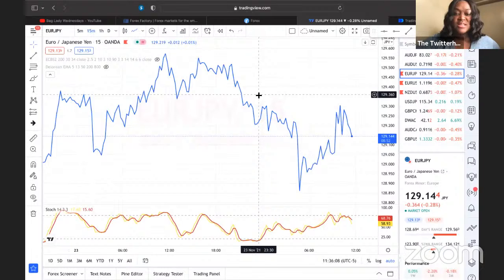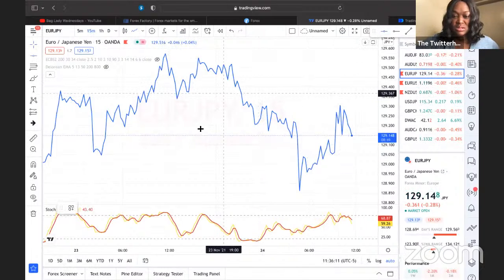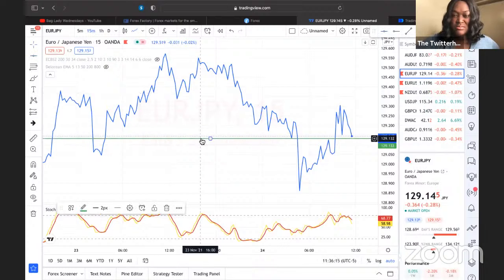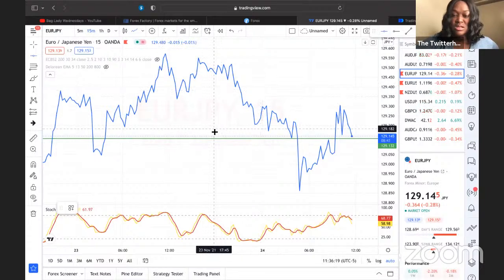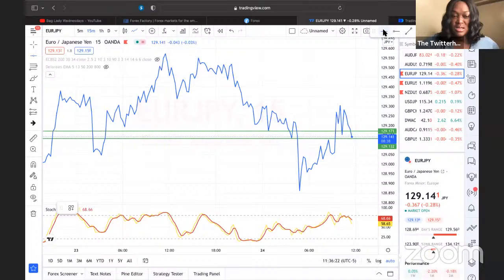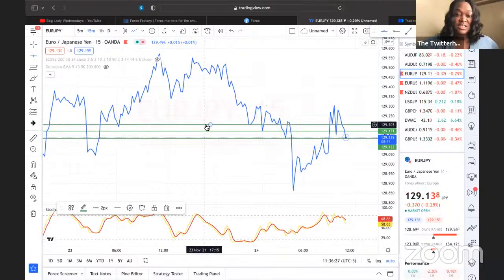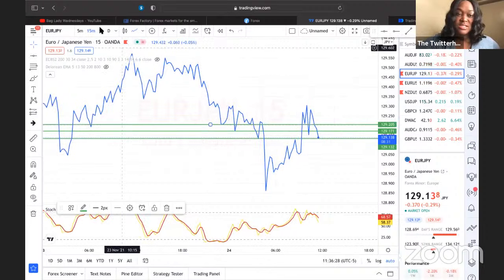So on the 15-minute, here's a floor. Remember, it's above that floor. Here's another one, and another one. Got a couple of floors here.